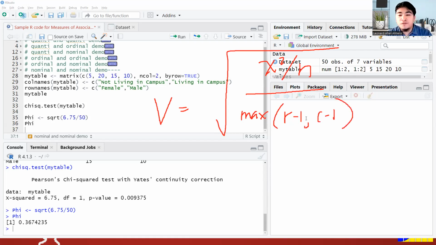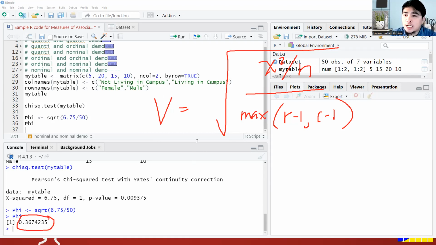So yung number of rows and number of columns. So in our case 2 by 2 lang po yan. So maximum ng 2 minus 1 at c minus 1 ay 1. Kaya po naging 1 lang yung denominator natin. So basically naging chi-square over n lang. And ang makukuha nyo pong sagot sa Cramer's V ay ito rin po.